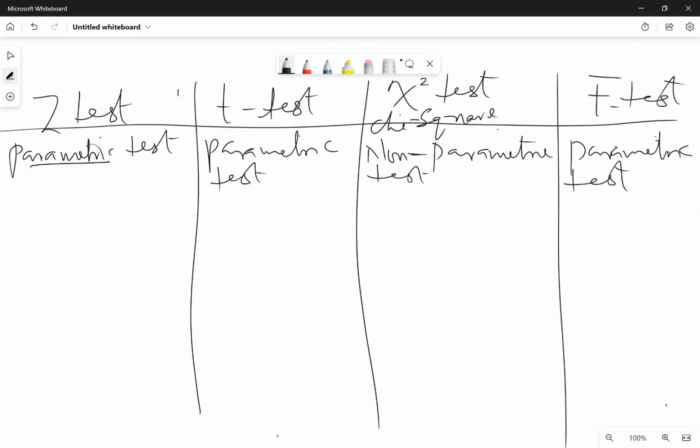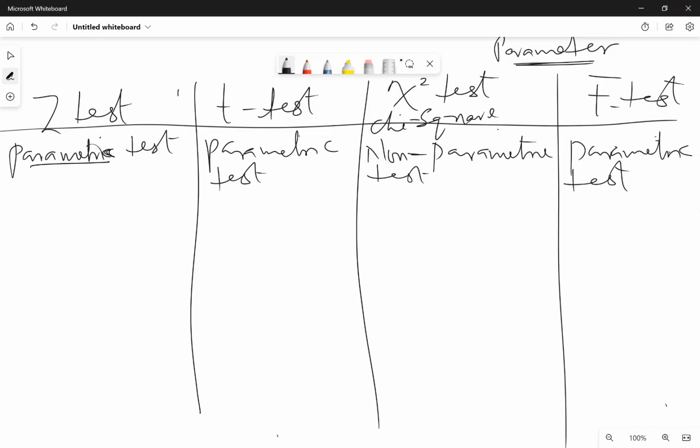So the word parametric emanates from the word parameter. I think I've defined a parameter in this class. I said a parameter is a summary characteristics or value of a population, for example, population mean, population variance, population standard deviation, or population correlation coefficient.